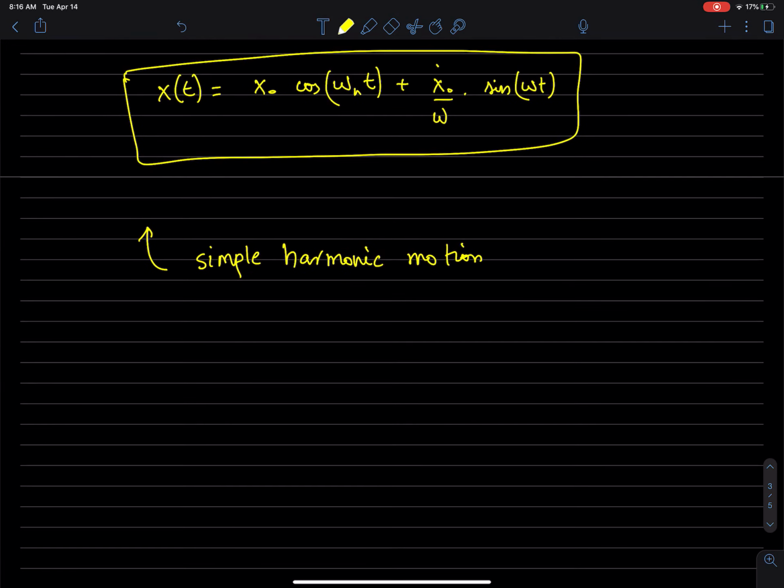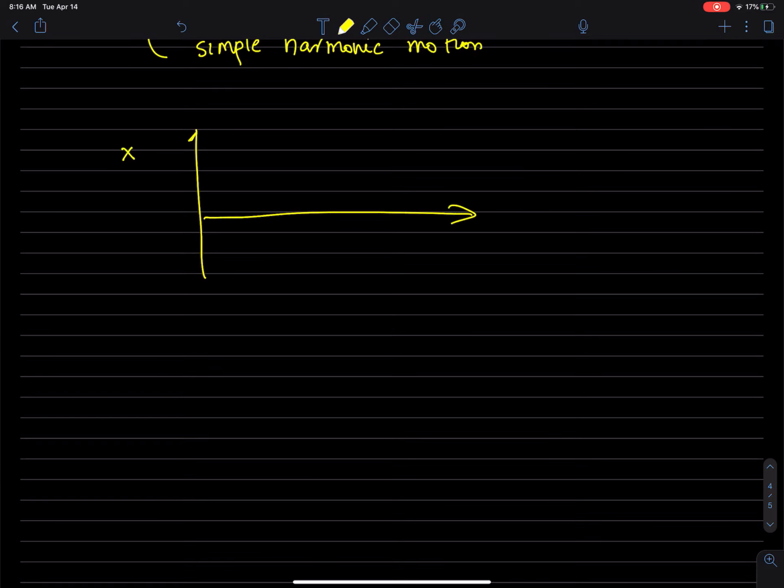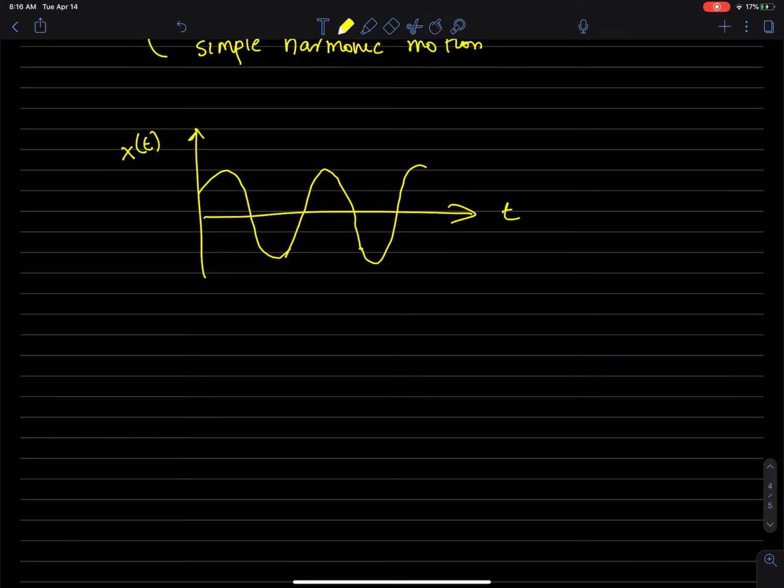Because it's basically a sum of a cosine and a sine, the motion in general looks something like a sine or a cosine shifted. We will do a separate video on that topic. But this motion essentially has a natural period equal to 2 pi divided by omega n.